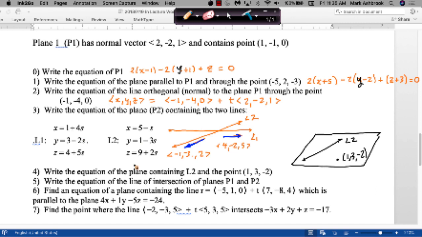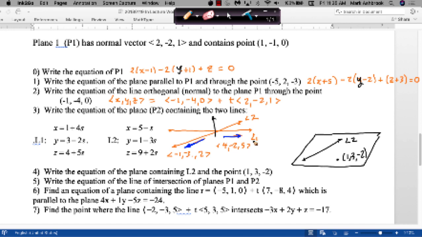The question is now, how do we get the normal vector? How am I going to get the normal vector for my plane so I can write the equation of the plane? Yeah, Daniel. Well, if I have the parallel vector to this line and the parallel vector to this line, which are both parallel to the plane, and I take the cross product, I get a vector orthogonal to both of those vectors, and therefore orthogonal to the plane.